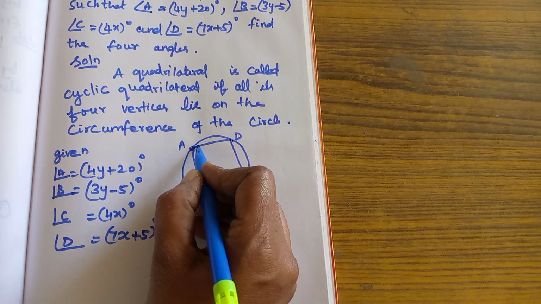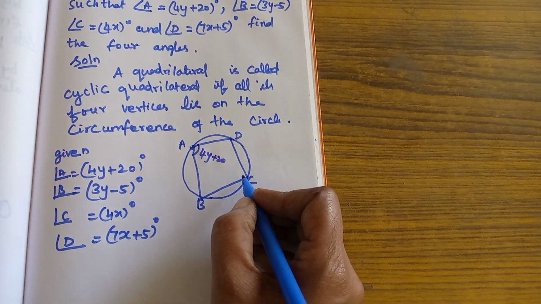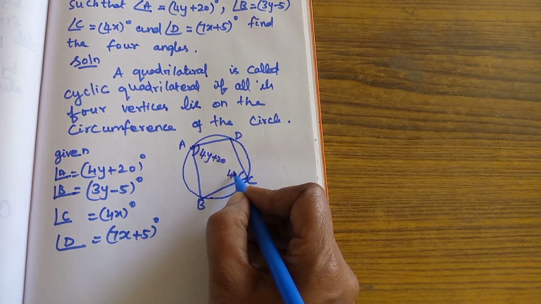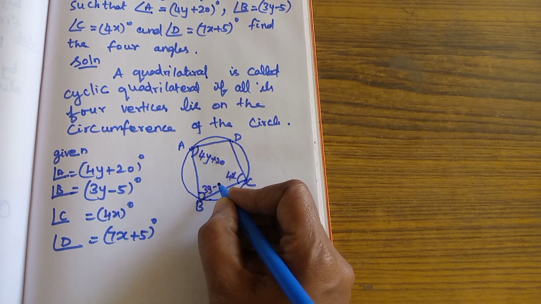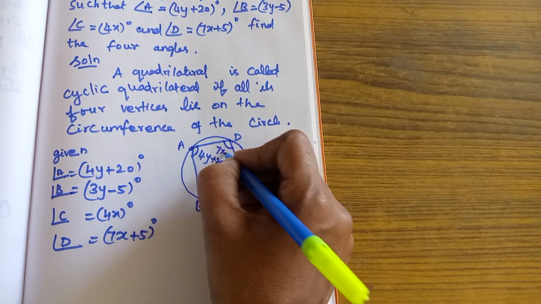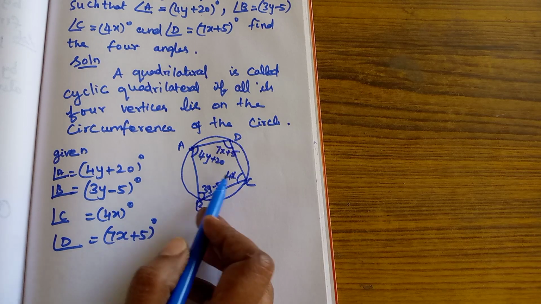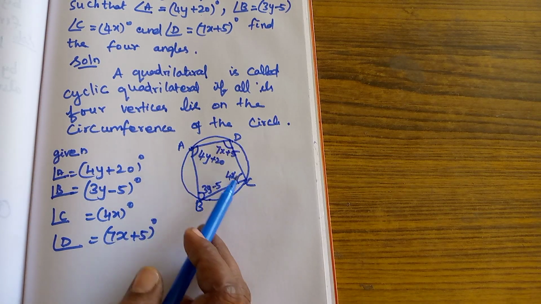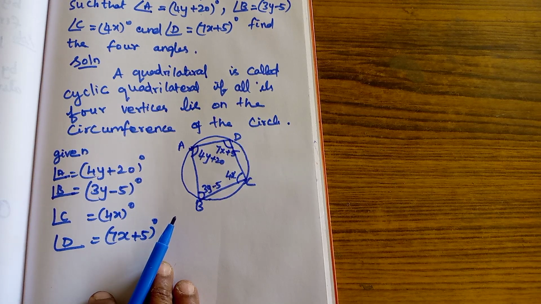So A is 4y plus 20, C is 4x, B is 3y minus 5 and D is 7x plus 5. Sum of these 4 angles is 360. Sum of opposite angles is 180 degrees. That concept we must write.